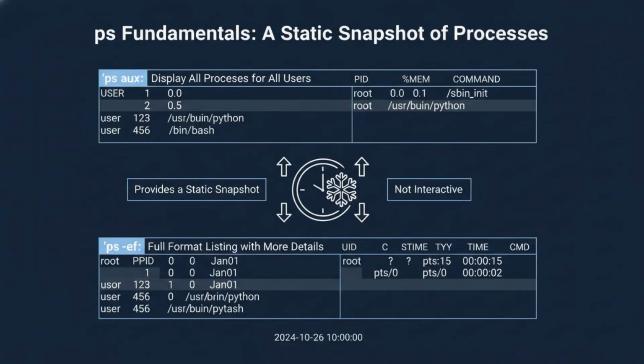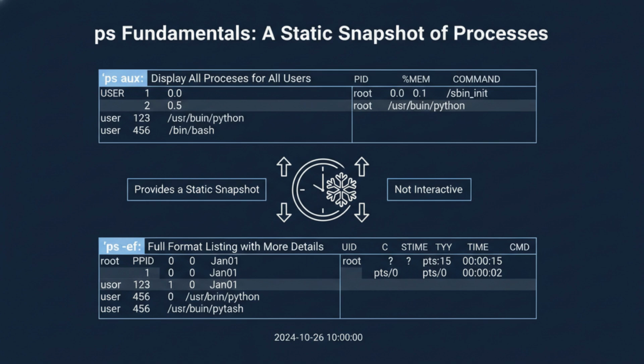Now, let's shift our focus to ps, the process status command. While htop excels at interactive real-time monitoring, ps provides a static snapshot of processes at the moment the command is run. It's not interactive, which means its output doesn't update dynamically. This makes ps ideal for scripting, automation, or when you need a precise point-in-time record of system activity.